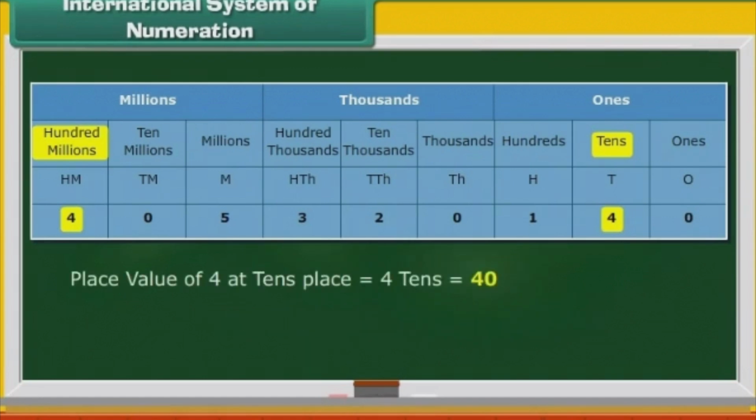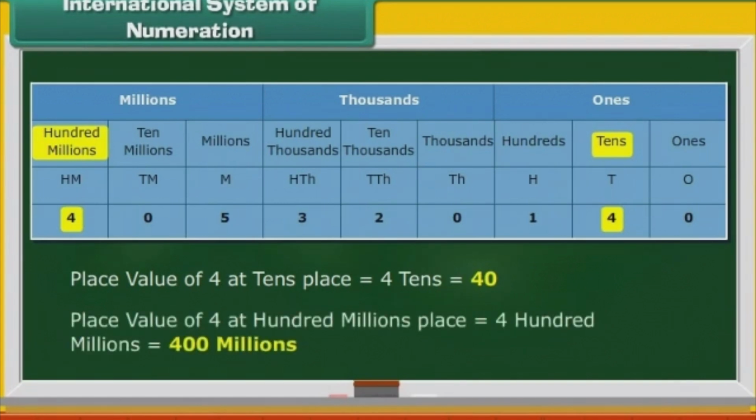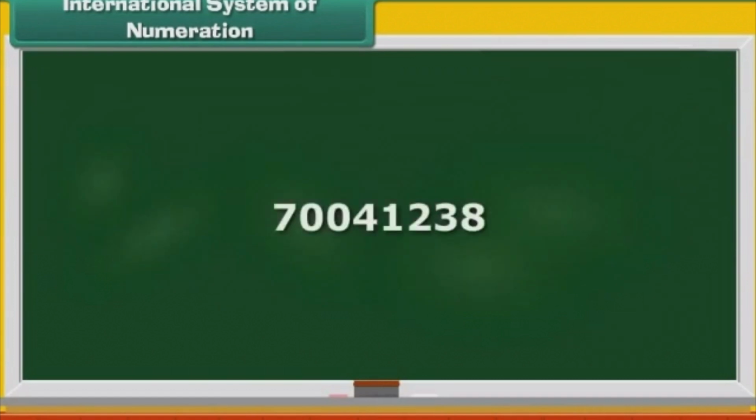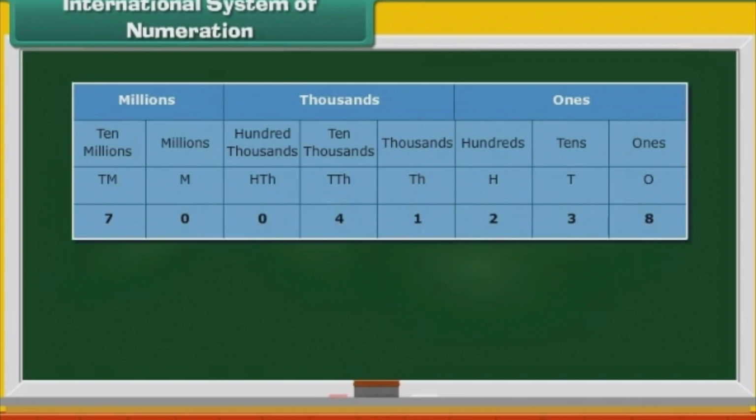But the place value of the 4 at the tens place is 4 tens, that is 40, and at the 100 millions place is 4 hundred millions, that is 400 millions. Now we read the number: 405,320,140. Consider one more number, 70,041,238. Once again, we arrange it in the place value chart and then read it.